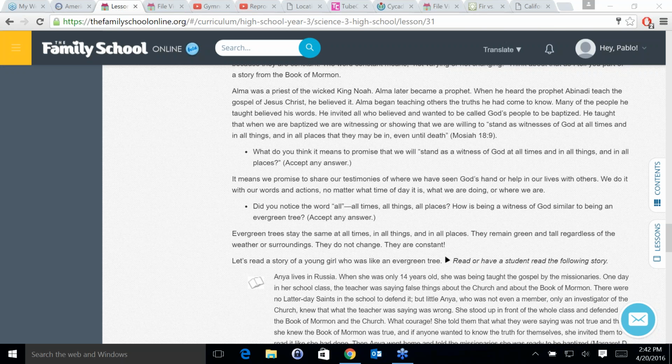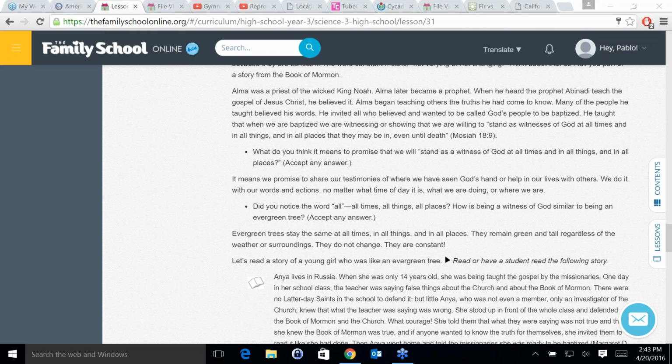So I guess being a witness of God is similar to being an evergreen tree. It never changes. You should never be changing. Like how you view God, it should always stay rock solid where it is.